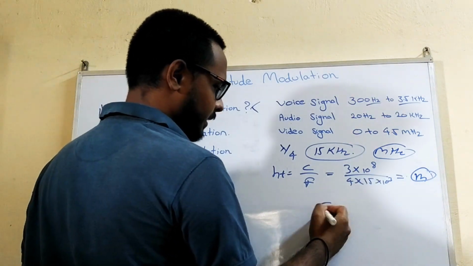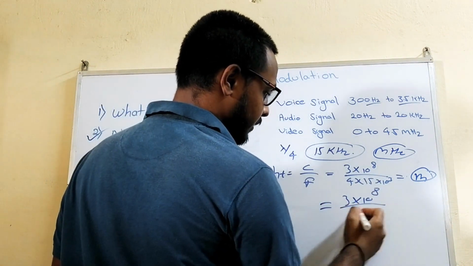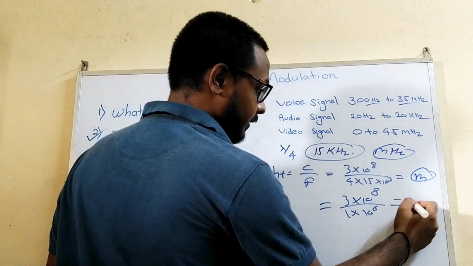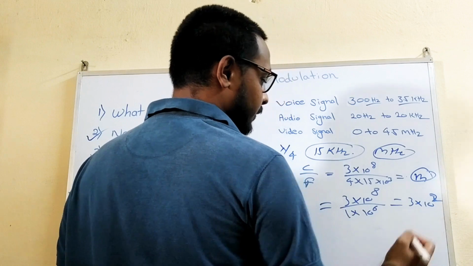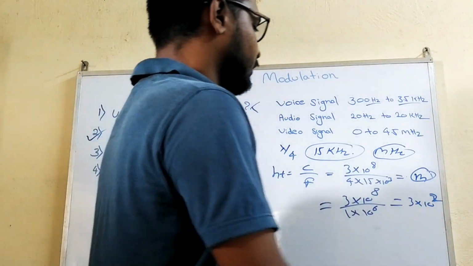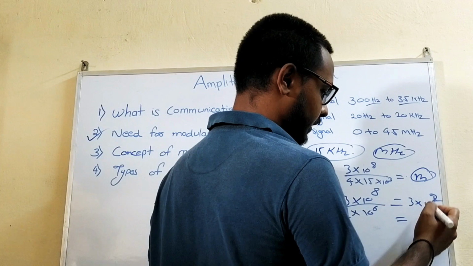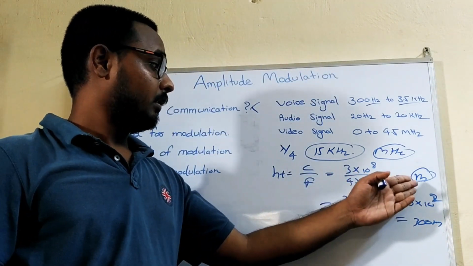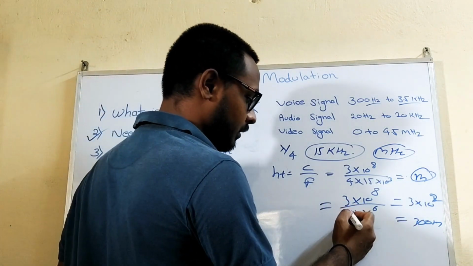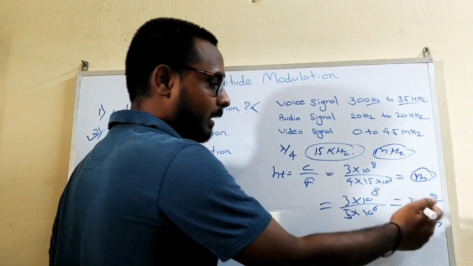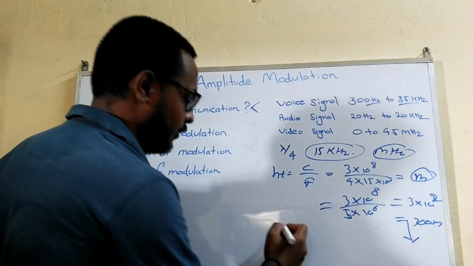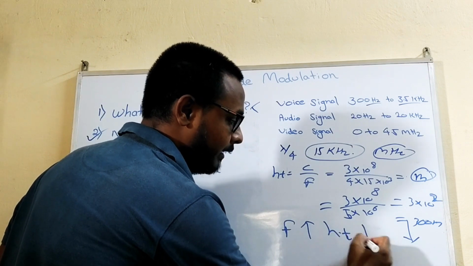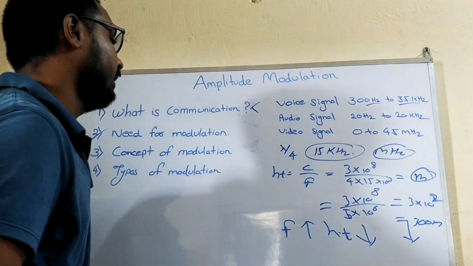It is very easy mathematics. 3 into 10 to the power 8 upon, if we use a 1 megahertz carrier signal, 4 into 10 to the power 6, gives approximately 300 meters instead of 5 kilometers. And if we use 5 megahertz or 10 megahertz, then the height reduces further. So we can say that if we increase our frequency, the height of the antenna will reduce.